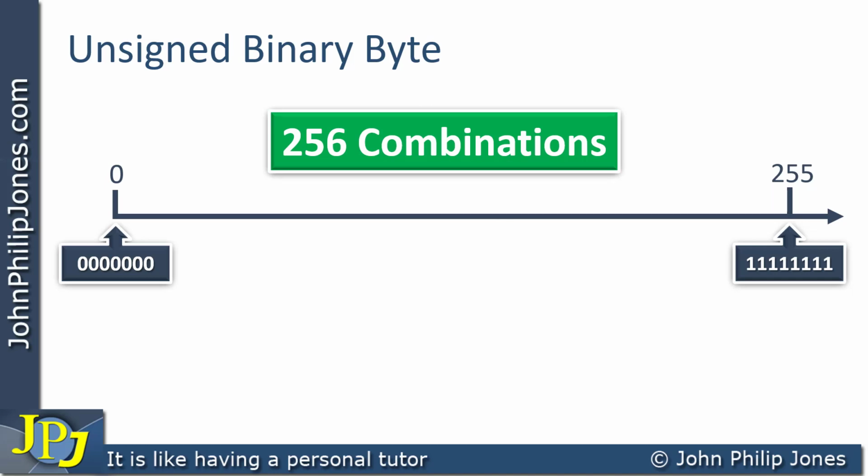So we can represent 0, 1, 2, 3, 253, 254, 255. So we can represent all values along the number line, but with no fractions, just whole numbers as we go up. And of course, if it's unsigned, we cannot represent any negative numbers.